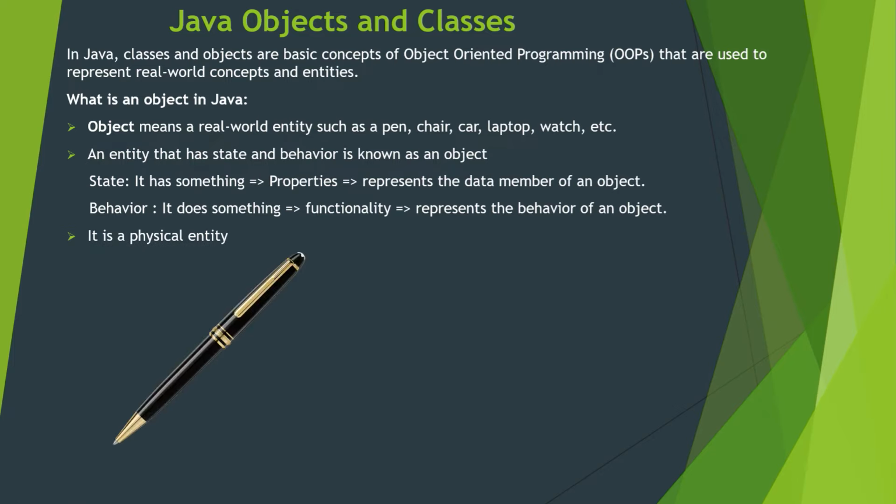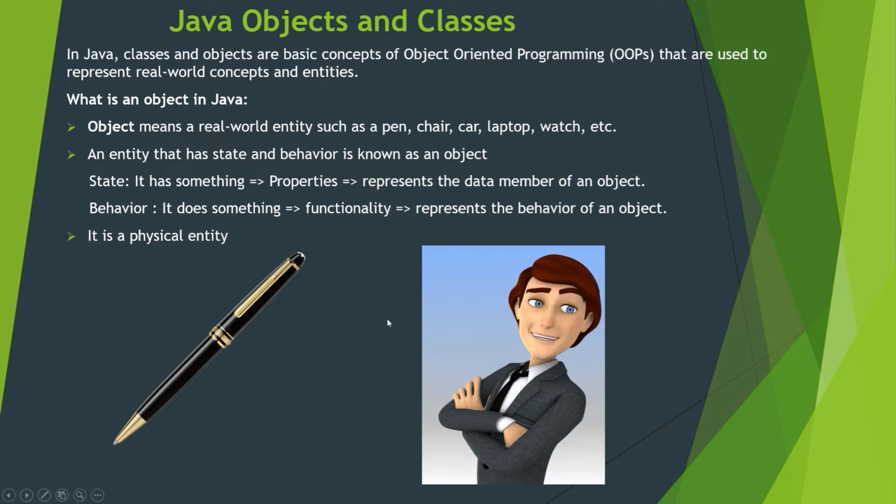So if we take the example of a pen, what will be the state? The color, I mean the properties. State means properties, right? So color of the pen, height of the pen. So these are some states of the pen, or properties of the pen, data members of the pen. When we say behavior of the pen, it could be writing, correct? Take a second example of a human being. As I said, programming treats a human also as an object.